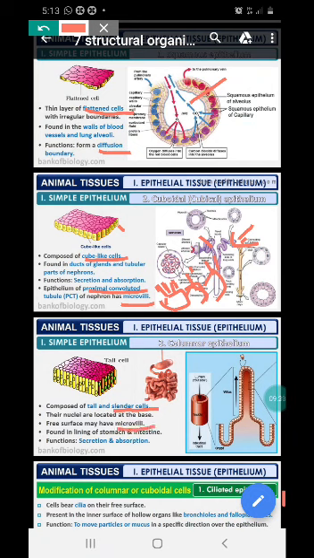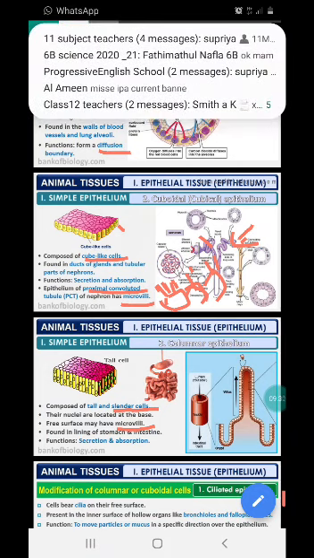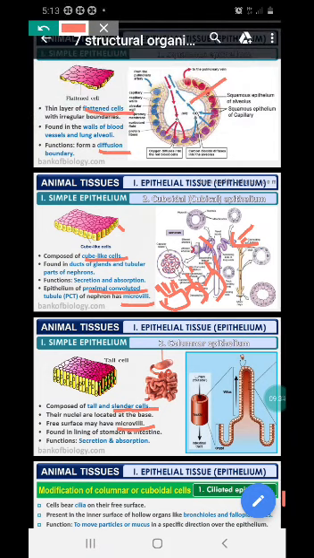In different places, according to the functions it serves, it has microvilli, both cuboidal and columnar. Okay, so where do you find this columnar epithelium? They are found in the stomach and intestine. And again, wherever secretion and absorption happens, there you can find these types of tissues.